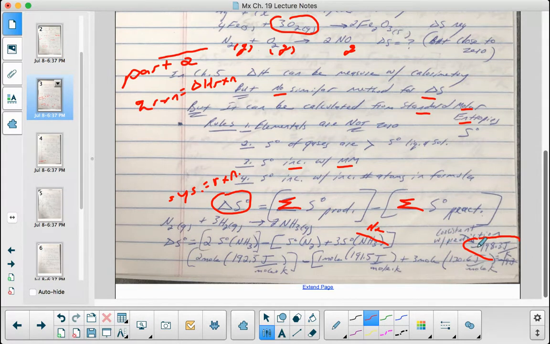And so we calculate out a negative number, and that negative number is consistent with how I would predict it to be based on the fact that I have the formation of fewer moles of gas on the product side than the total number of moles on the reactant side. So it becomes less disorganized, and my delta S value is negative.